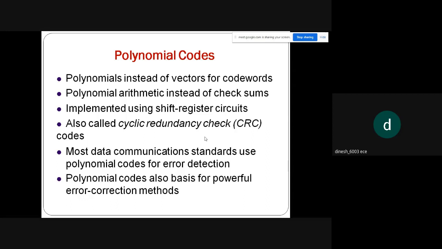Polynomial codes are used instead of vectors for code words. This is polynomial arithmetic, instead of using checksums, and these are implemented using shift register circuits. Normal SISO, SIPO, PISO, PIPO shift register circuits can be implemented. This can also be called CRC, cyclic redundancy check.